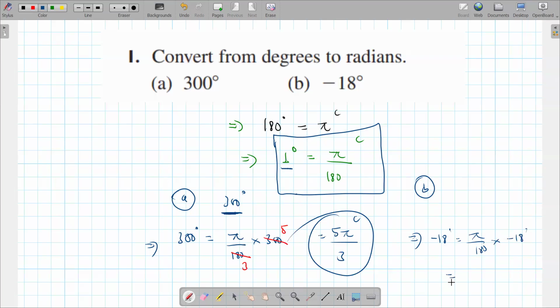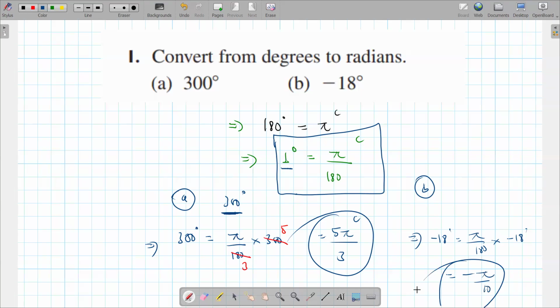It has to have a pi, so don't worry about plugging it in a calculator. Do you just get a 10 in the denominator? Yeah, so negative pi over 10.